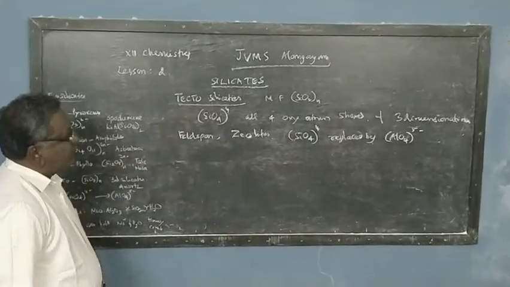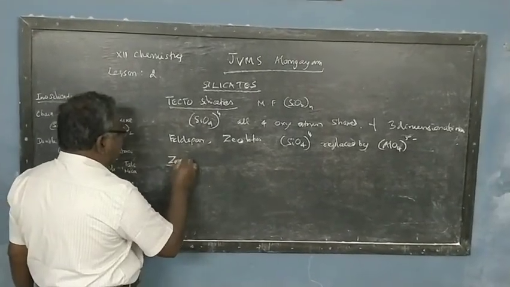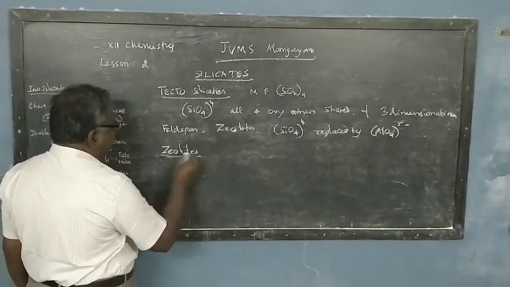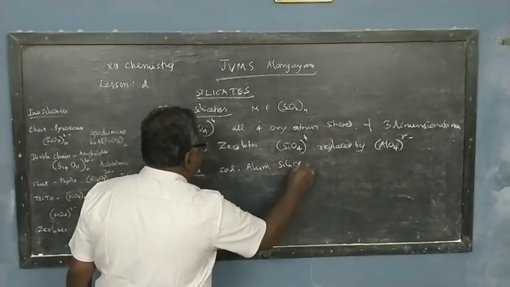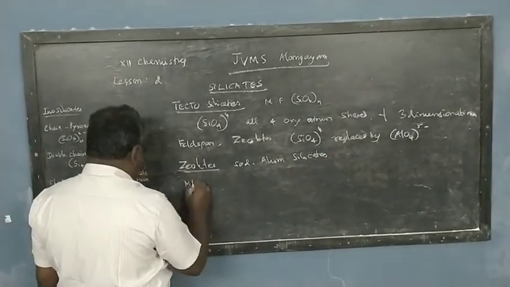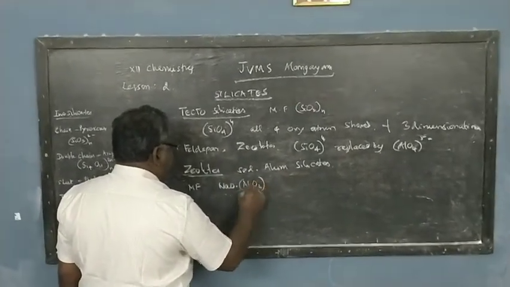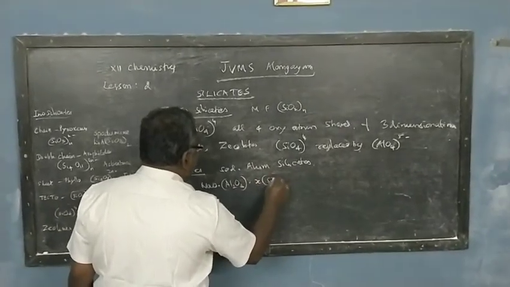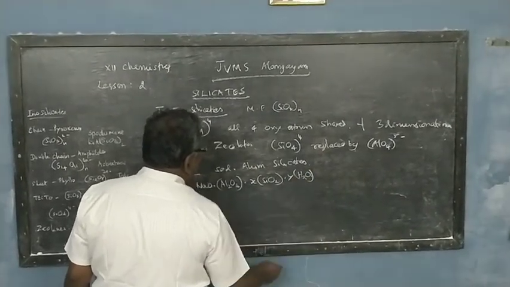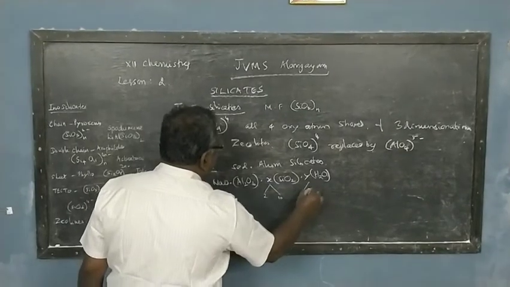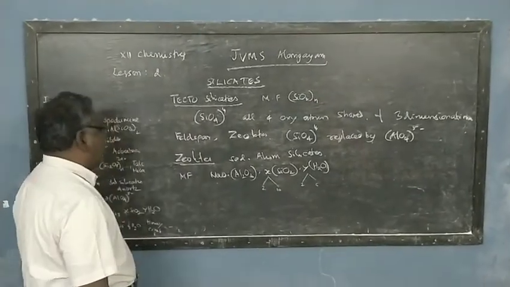When you say tectosilicates, mostly the type of silicate is aluminosilicates, and particularly we have zeolites. Zeolites are sodium aluminum silicates. They have the molecular formula Na2O, Al2O3, then x SiO2, y H2O. This x can be from 2 to 10, y can be 2 to 6. So this is the molecular formula for zeolite.